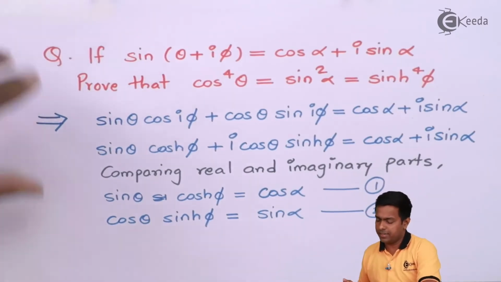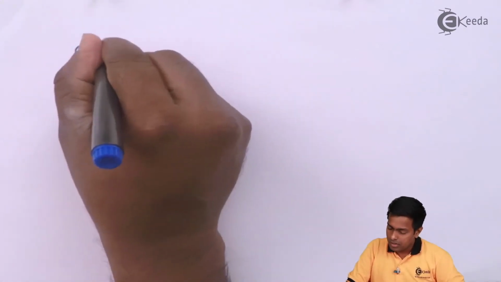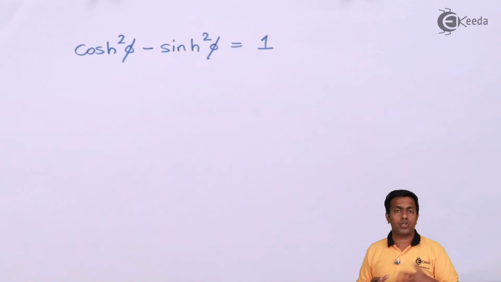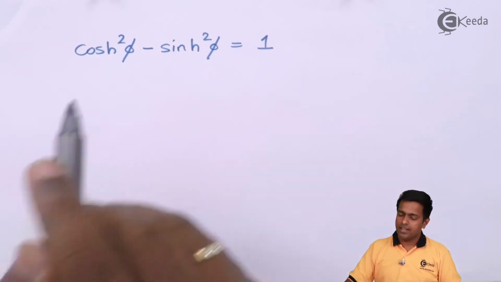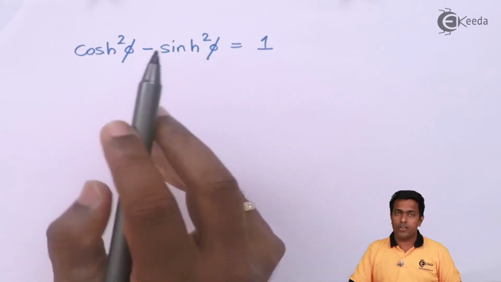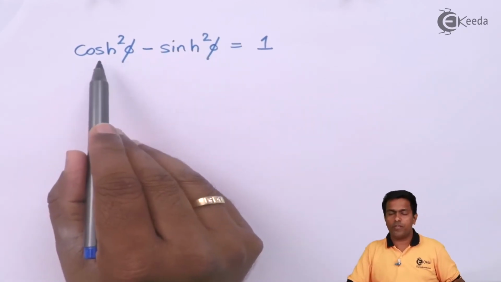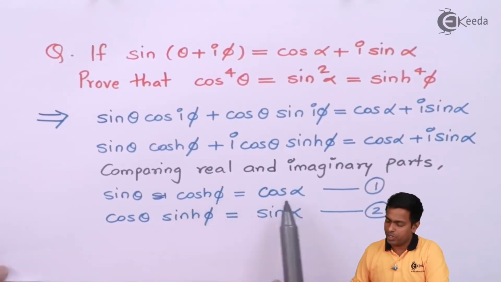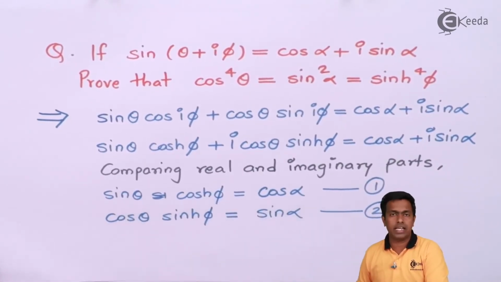So guys, here I'll say hyperbolic cos square phi minus hyperbolic sin square phi is equal to 1. In this formula I will substitute the values. For the value of hyperbolic cos phi, let's come here. So hyperbolic cos phi will be cos alpha upon sin theta.